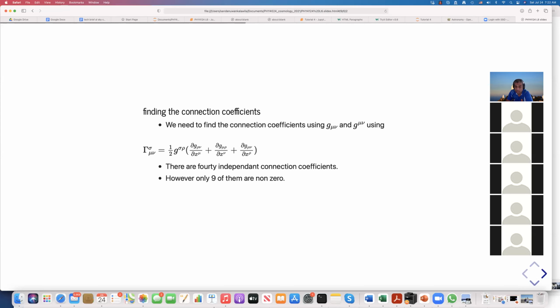And when you try to find the connection coefficients, actually there will be 40 independent connection coefficients for this particular situation. Now this is why doing calculations by hand in general relativity is a little bit challenging, right? So you have to calculate all these, but for this particular problem, you will only end up with 9 of them as non-zero components, right?